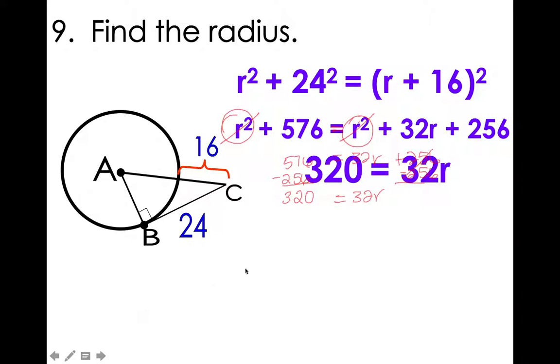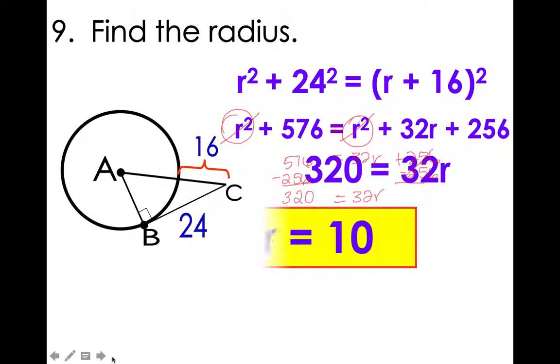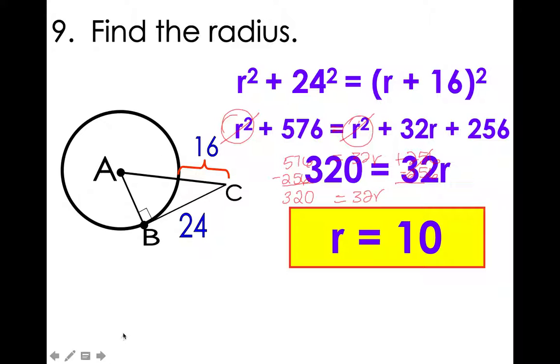And then the last thing is just to divide both sides by 32, and I get R is equal to 10. So that means that my radius is 10 for both of these.